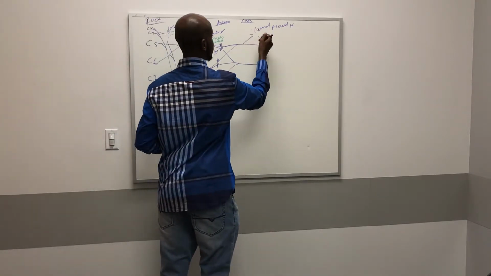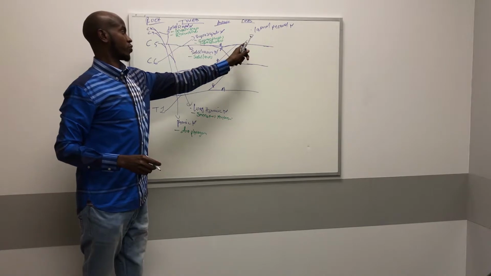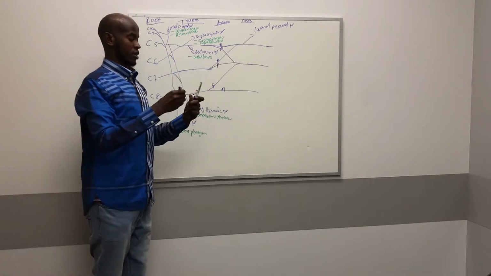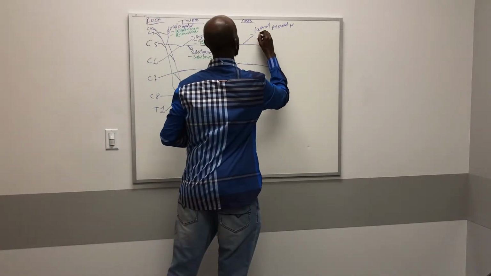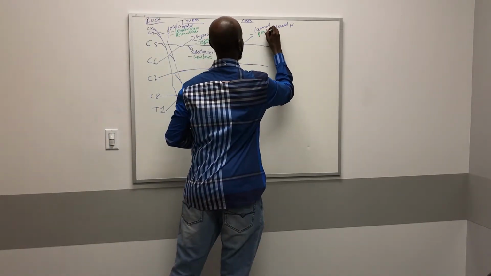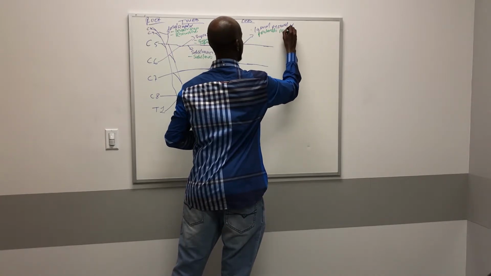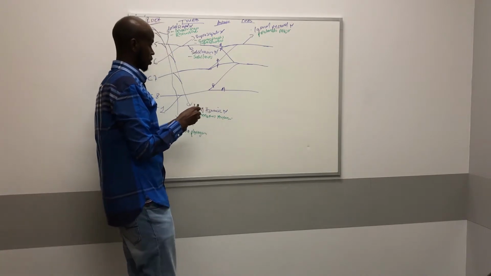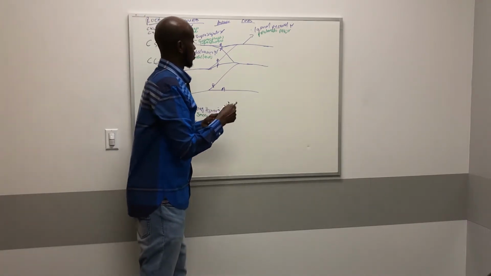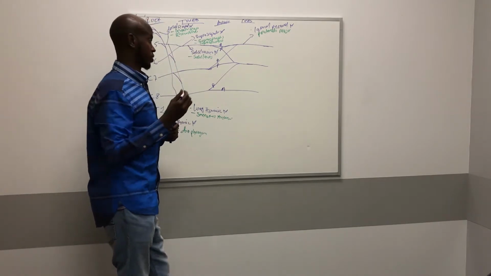Lateral pectoral nerve branches off from the lateral cord, and it supplies mainly pectoralis major. On the posterior cord, there are 4 short branches.